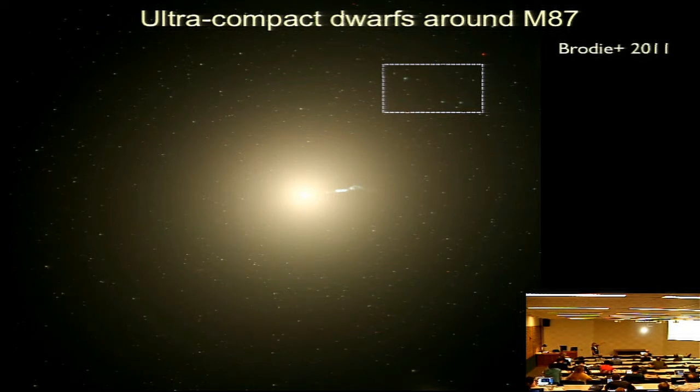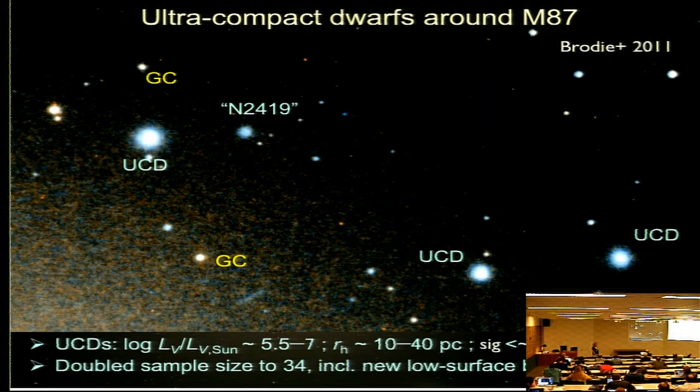If you look at that corner of M87 up there and you blow it up, you find that there's not only globular clusters, which we've been studying, there's one, but there are also these much larger fuzzy-looking things called UCDs, ultra-compact dwarfs.